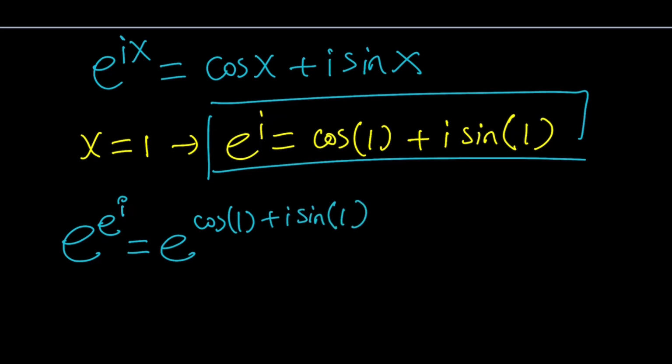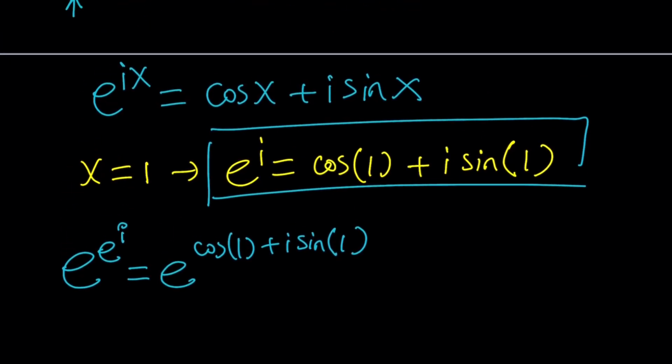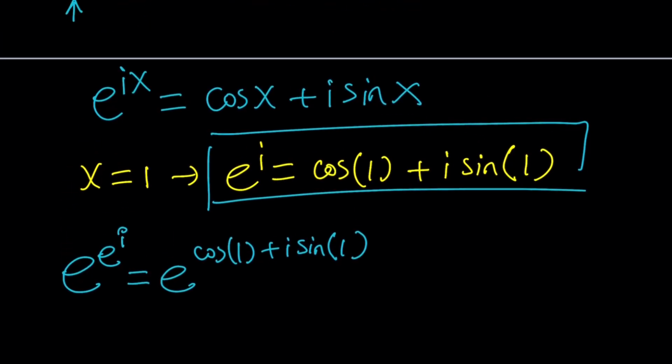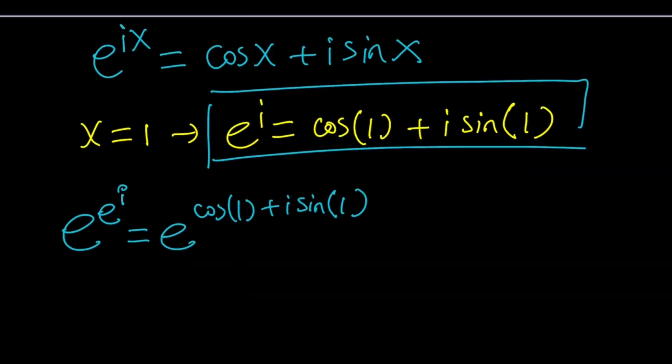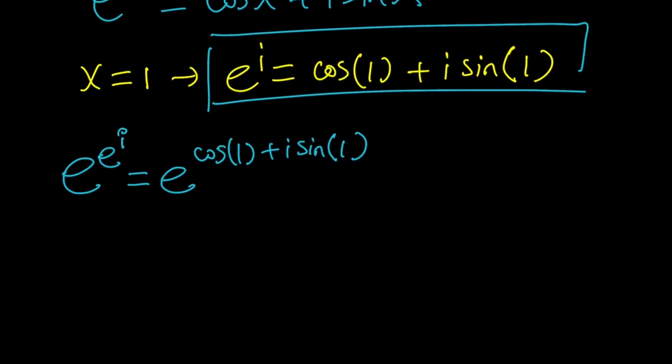There are obviously a lot of good formulas for these kinds of identities, like what is e to the power z when z is a complex number, but I'm just going to do it this way. So now notice that the exponents are added, which indicates we can split it into two pieces: e to the power cosine of 1 times e to the power i sine of 1.